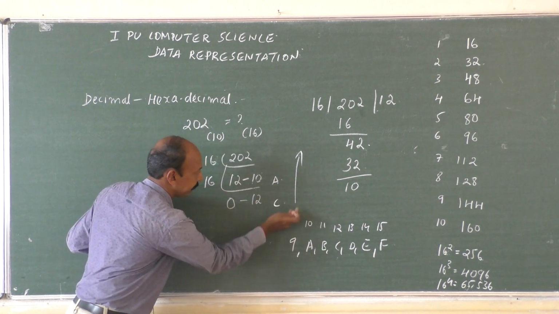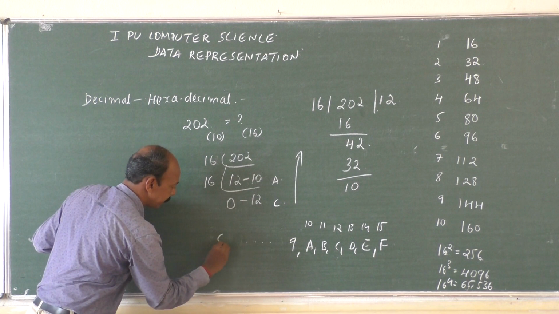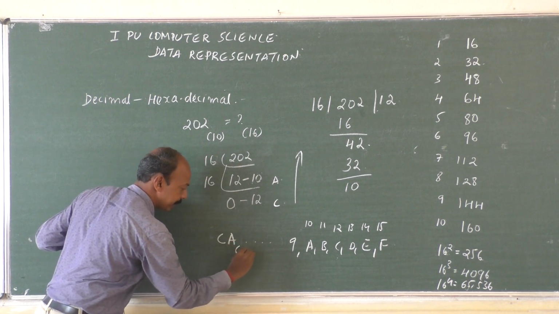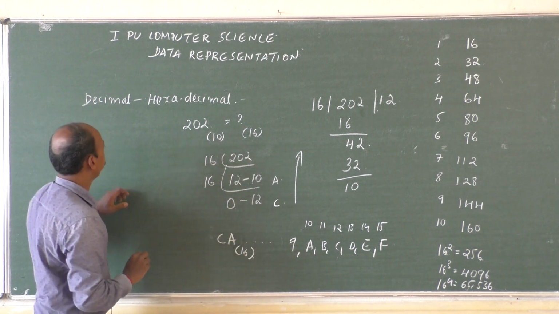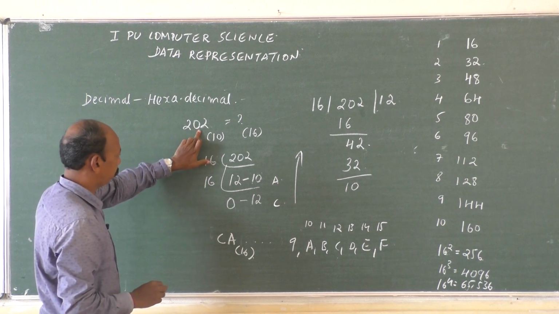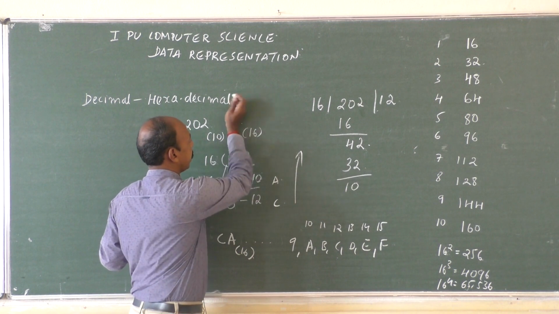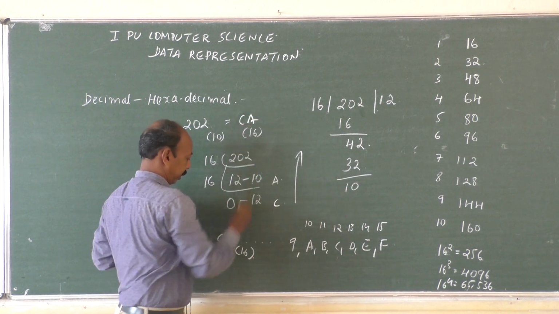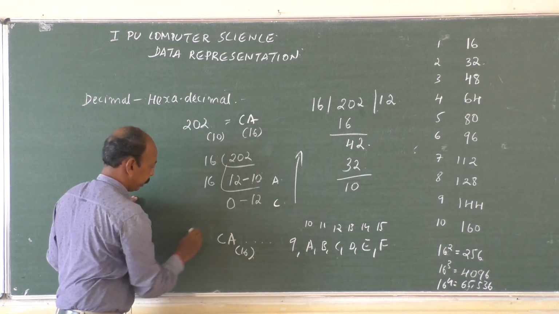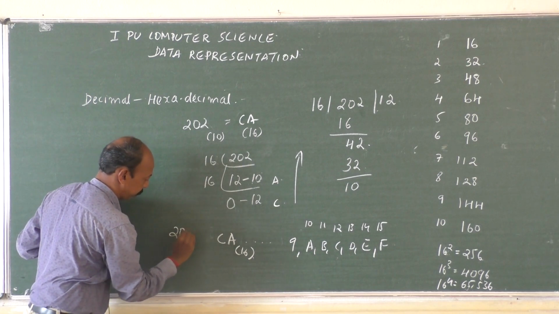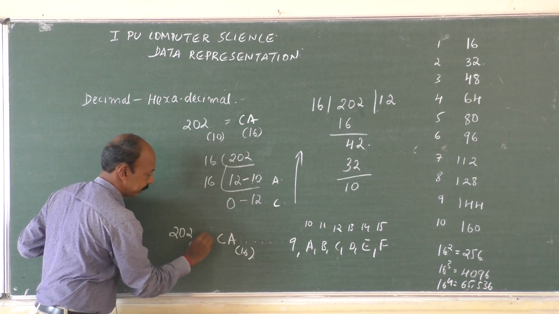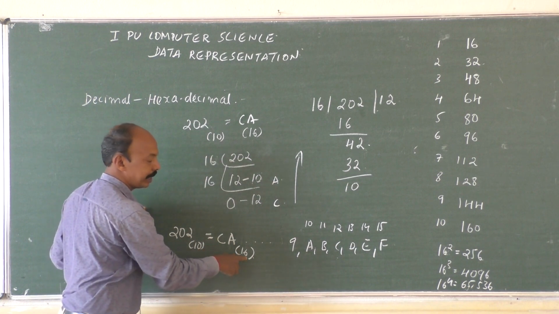So what do we have to write? In this order we have to write, that will be CEA to the base 16. Therefore, 202 to the base 10 is equal to CEA to the base 16.